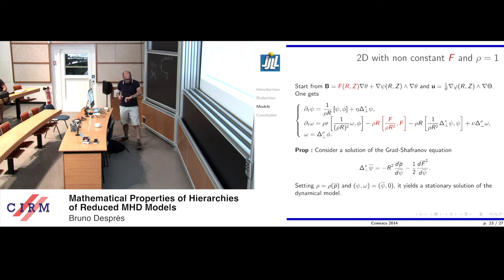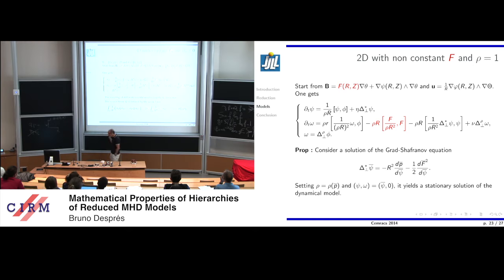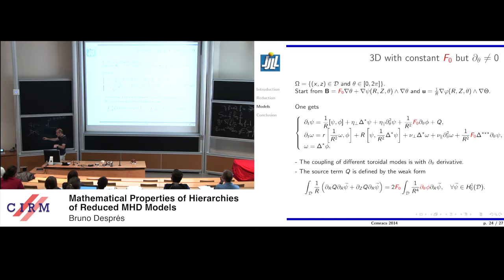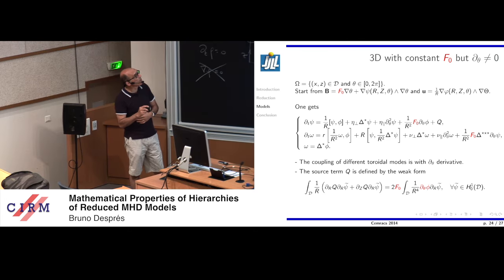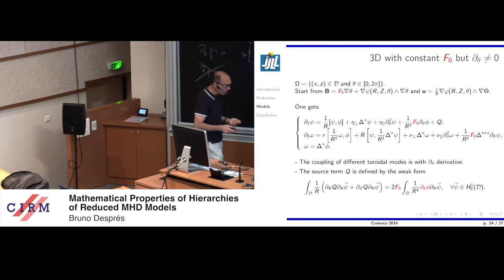This one is perhaps the most challenging one. All the previous models were very simple, written only in a 2D poloidal cut, so the potentials were only functions of R and Z. But now I have R, Z, and theta. Why do I do that?